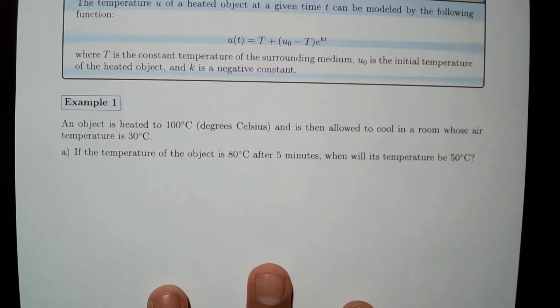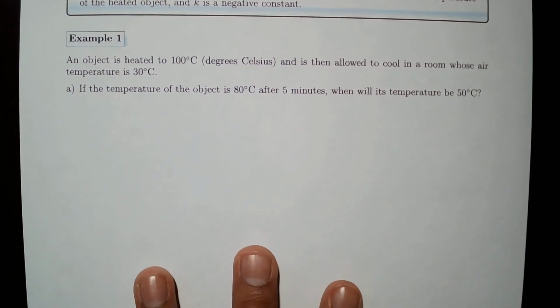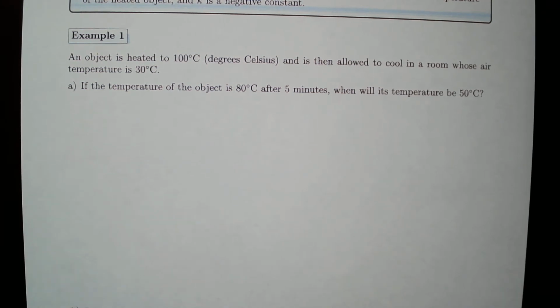So let's do an example. An object is heated to 100 degrees Celsius, and then is allowed to cool in a room whose air temperature is 30 degrees Celsius. All right, that's all we know. If the temperature of the object is 80 degrees Celsius after 5 minutes, when will its temperature be 50 degrees Celsius?